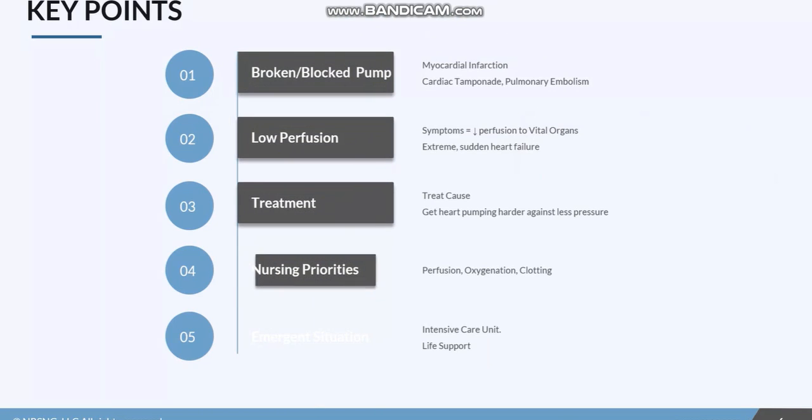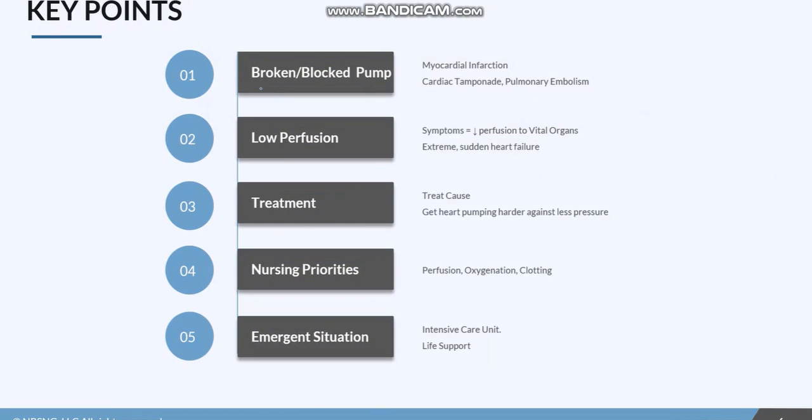So let's recap. Cardiogenic shock is caused by a broken or a blocked pump that might be an MI, cardiac tamponade, or pulmonary embolism. Most of the symptoms are caused by this decreased perfusion to the vital organs and by the backup of fluid into the lungs and body. That's why you see that pulmonary edema and the JVD. Again, it's like extreme sudden heart failure. Our goal is to treat the cause as soon as possible and get that heart pumping harder against less pressure.